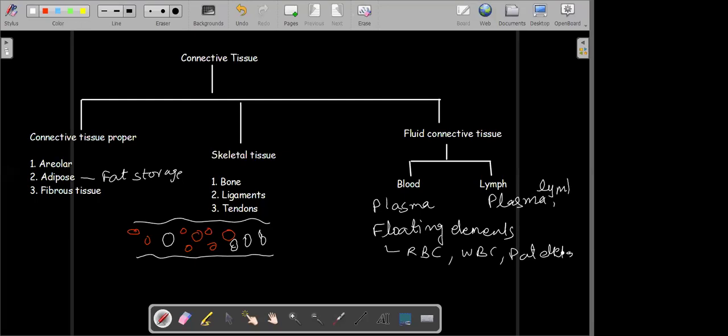So lymphocytes are the cells which are present in the lymph. The lymph has its own function, blood has its own function, the bone has its own function, areolar tissue, adipose tissue, they all have their own function. So let's get back to them again.